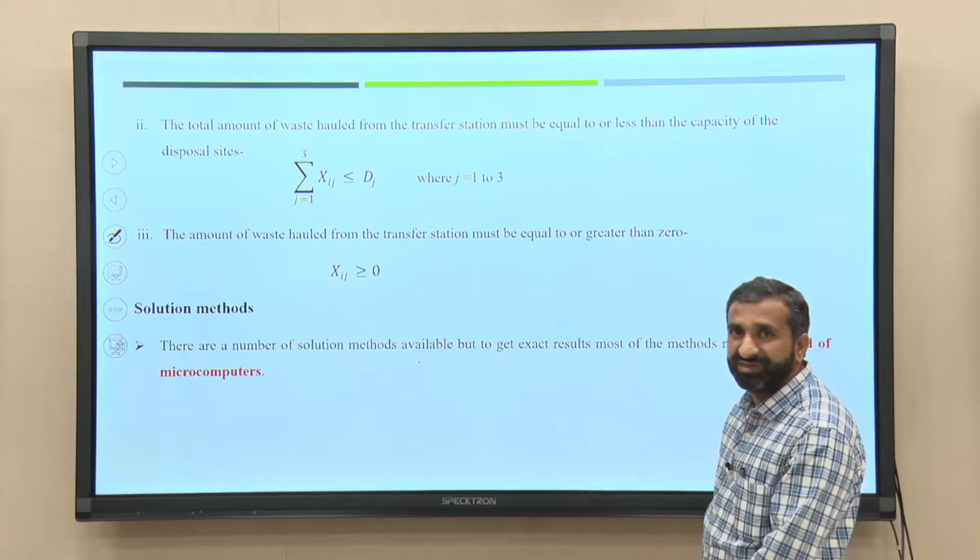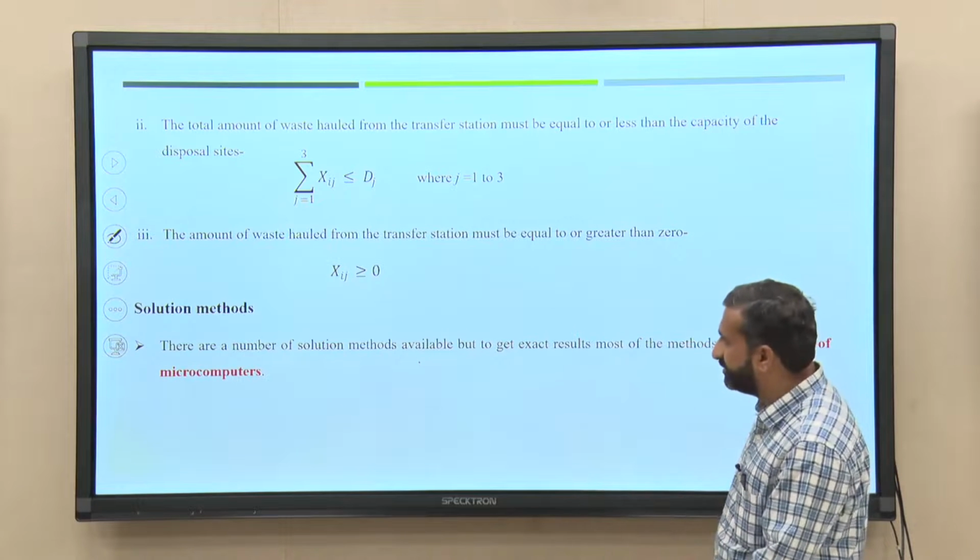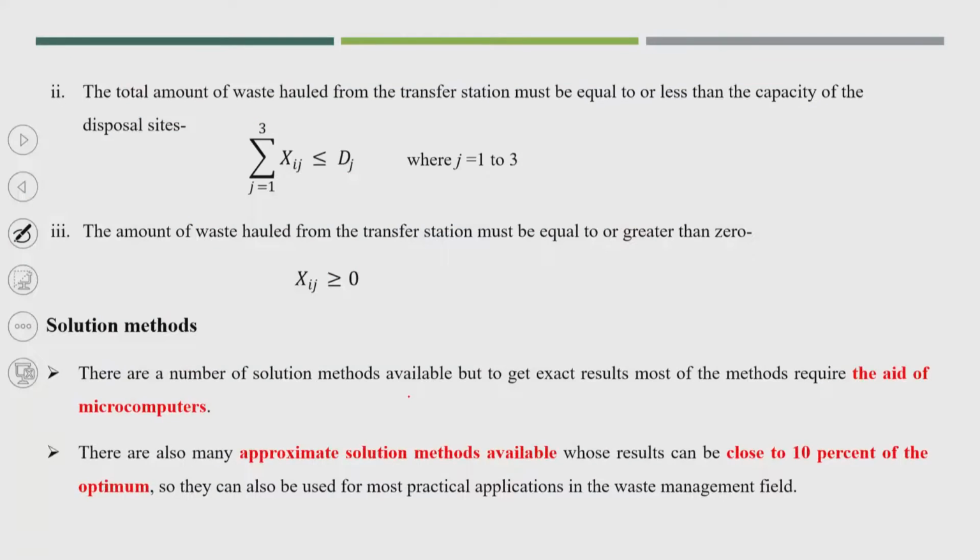Based on that we can finalize the entire operation, and there are also many approximate solution methods available whose result can be close, within 10% of the optimum, which is also acceptable. So they can be used for most practical applications in the waste management field.